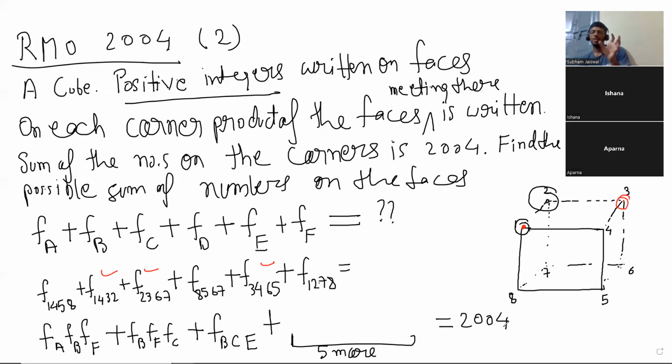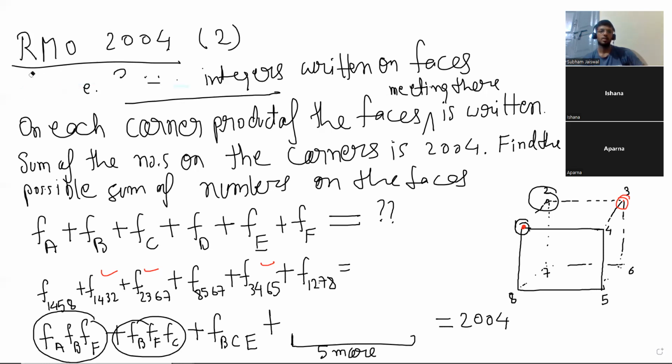Okay, so let's try to simplify. There are these 6 numbers, and there are these 8 numbers here. So my question is, maybe I'll create some space. Maybe I'll erase.